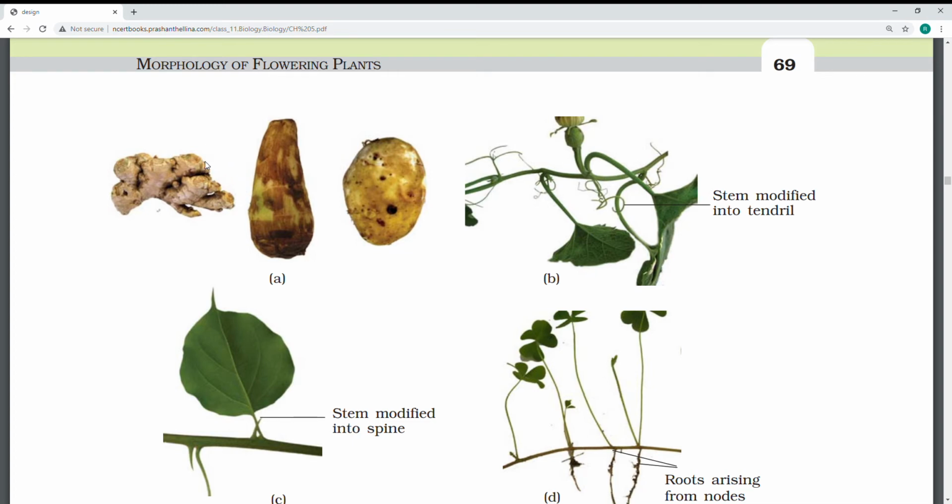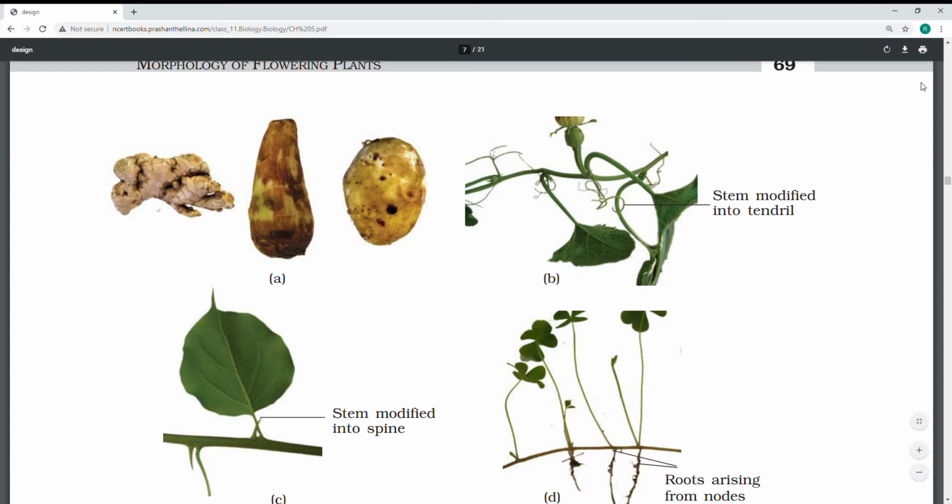In root, carrot, beetroot and radish I have told are the root modifications, don't get confused. For these two, these are stem modifications; the roots which are used as storage are root modifications, like carrot and all. Here, these underground stems are not underground roots, these are underground stems. So that is the example you can see.